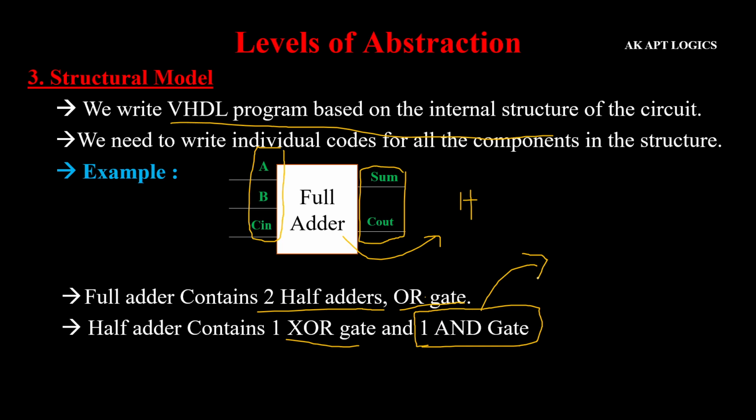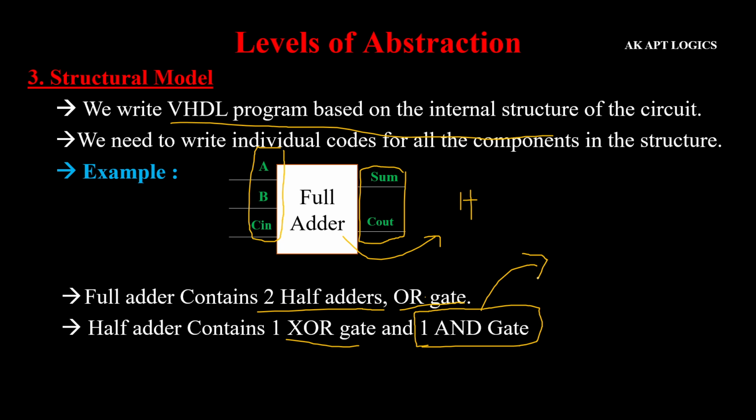Again, these gates are made up of transistors internally, but we can't write code for them. It would be very difficult. There is no abstraction for writing code for transistors. I think it might exist, but we don't need to learn that.